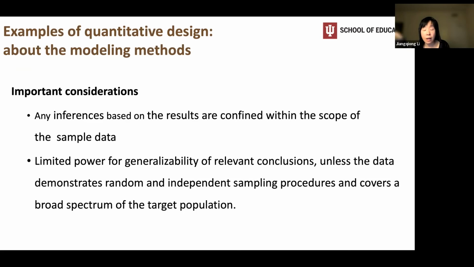And if you have a large enough sample that allows you to do hypothesis testing, and you do have significant results, meaning you can have some generalizable inference based on the sample data. But still, you need to be very careful. Is the data from an independent random sampling procedure? Are there any sampling bias or measurement errors that confine how large a scope you can generalize the current conclusion to a larger population?